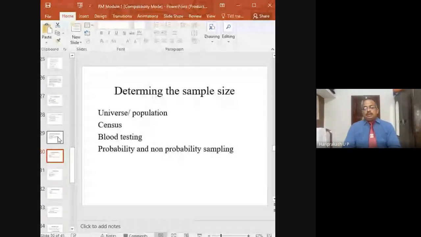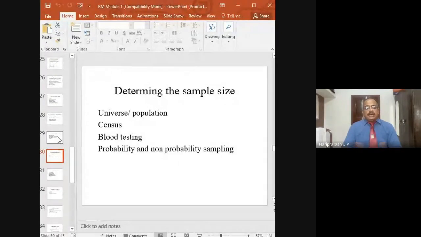Maybe some 600, 700 employees are there in the SBI Hampankatta branch. So it is possible. 700 people, you can give a survey, you can give a questionnaire and collect. That is not difficult. In some cases it is, so Samsung customers or other brand of products, right?